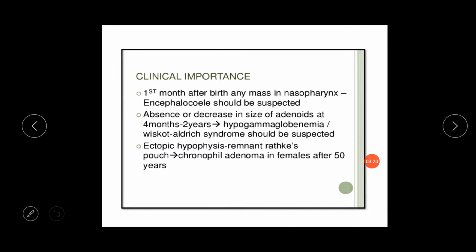If there is absence or decrease in size of the adenoid at 4 months to 2 years of age, it is suggestive of hypogammaglobulinemia or Wiskott-Aldrich syndrome. Ectopic hypophysis is also known as Rathke's pouch. Sometimes an adenoma can be seen in the adenoid in females after 50 years of age.